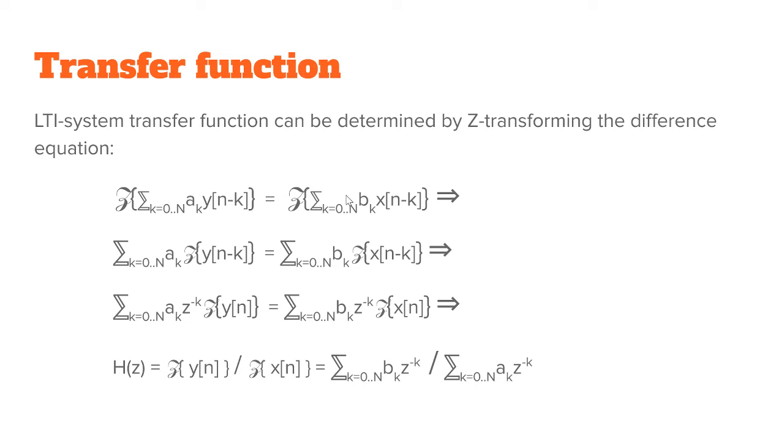And please note, this is one of the most common places to make a mistake and lose a point on the exercise. The multipliers or scaling factors of the output are on the denominator side polynomial, and the scaling factors for the input are on the numerator side of the polynomial.